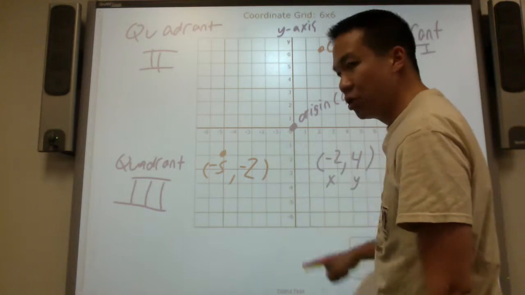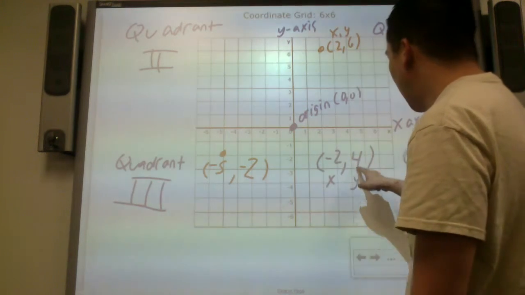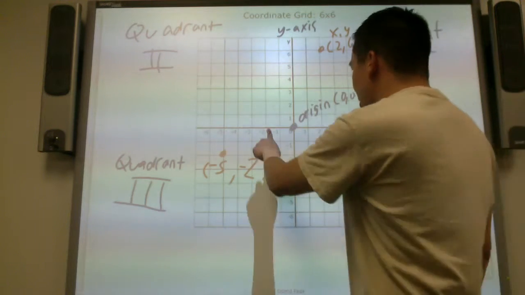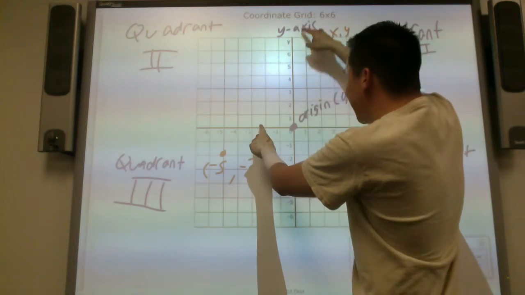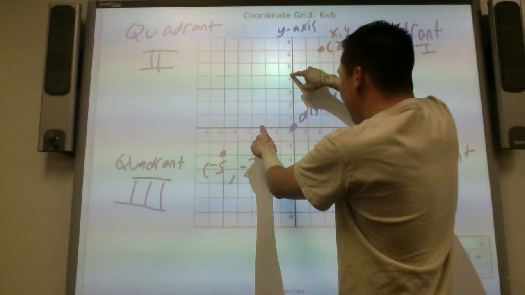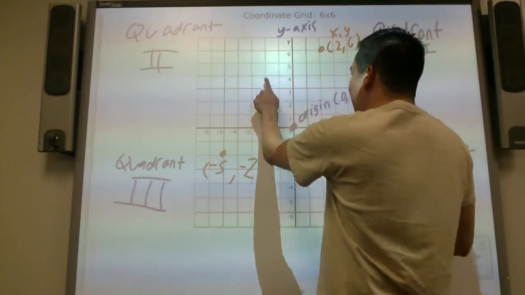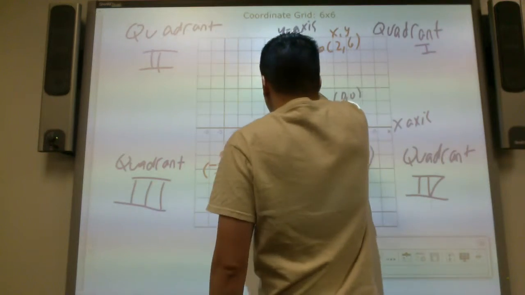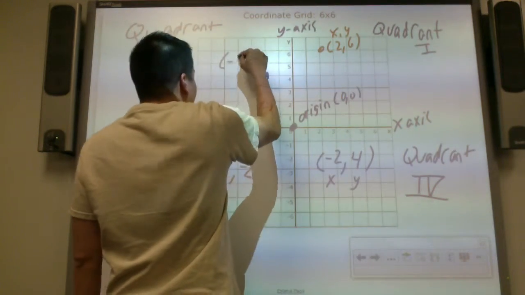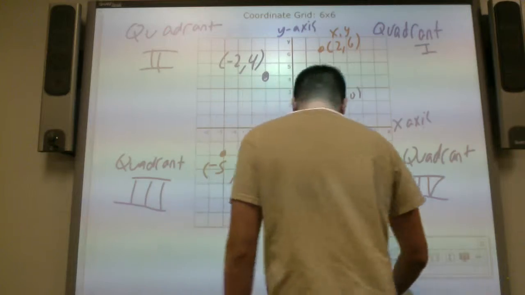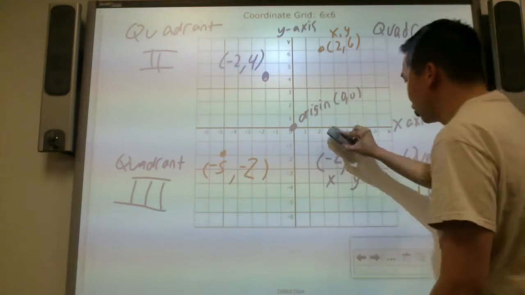So I go left 2 units. On the y-axis, 4. Here's the y-axis, starting over, it's 4 units up. So I go 2 units to the left, I go 4 units up, and it goes right there. -2, comma 4. That's in quadrant 2.